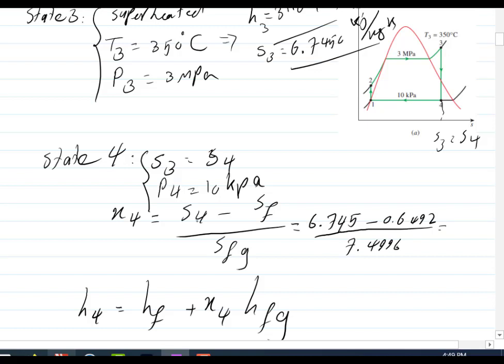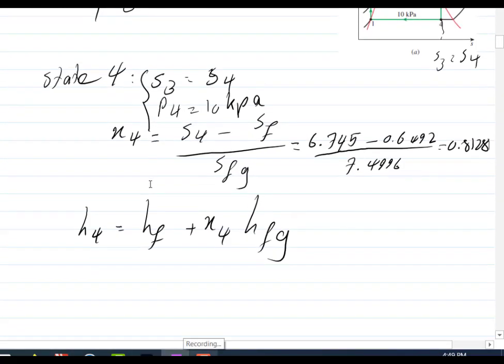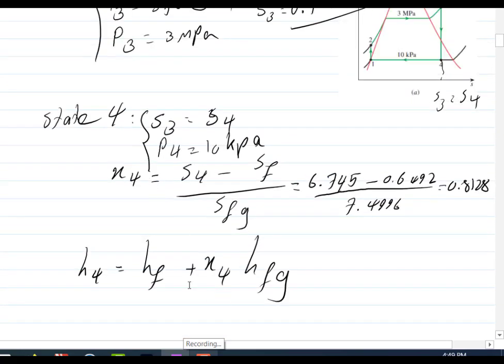After calculation, we will find the value for x4, which is 0.8228. This is the value for x4. Then by substitution of this x in this equation, we can calculate the h4 as well. So let's substitute the values for hf we found from the table, 191.